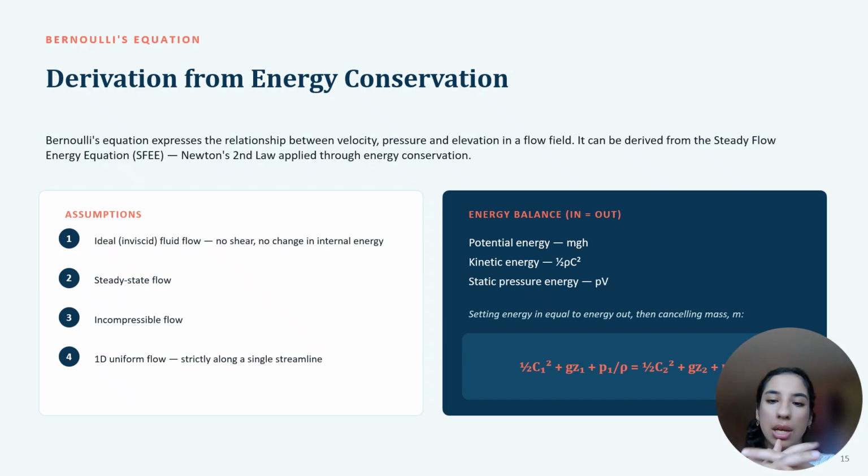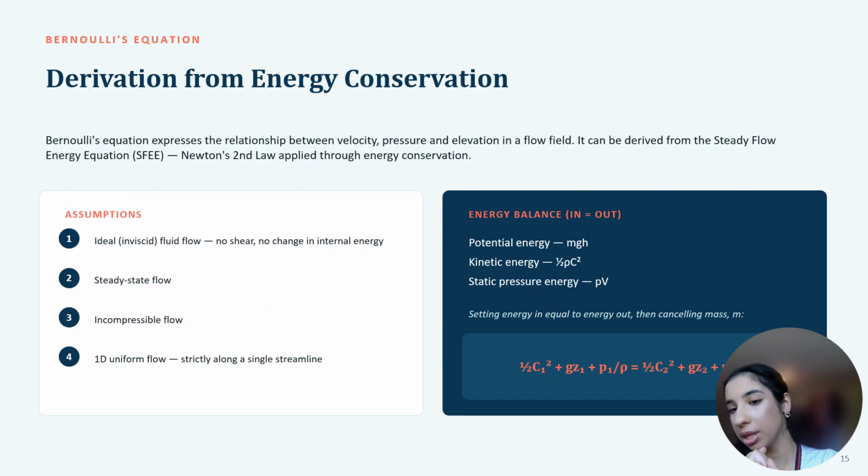And then again, just like the continuity, we are using a conservation law, but this time with energy instead of mass. So first of all, we have three energies in this control volume with the fluid.